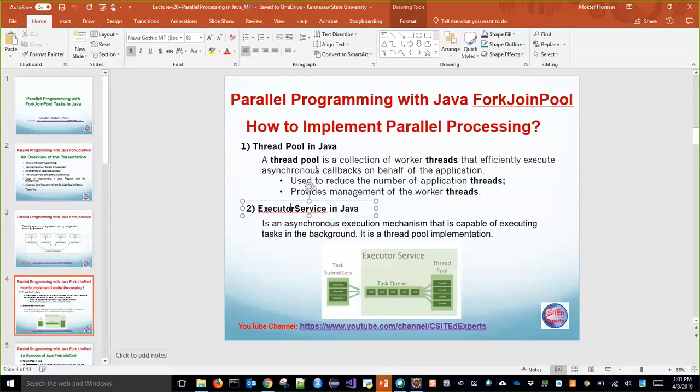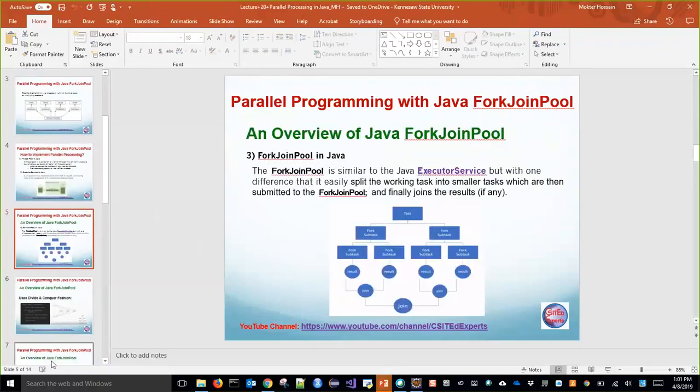So these two parallel processing techniques were older fashioned, and recently Java introduced what is called fork join pool. Java introduced this technique a few years ago.